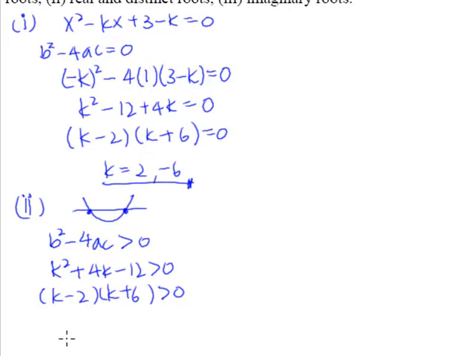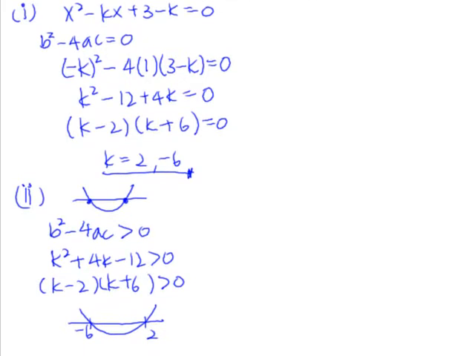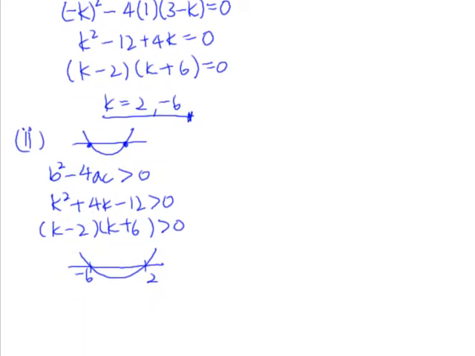Then we have a rough sketch of the curve. We know that it will cut at negative 6, it will cut at positive 2, isn't it? We want the parts of the curve to be greater than 0, so our k will be less than negative 6, which will be this part onwards, or our k will be greater than 2, which will be this part onwards.